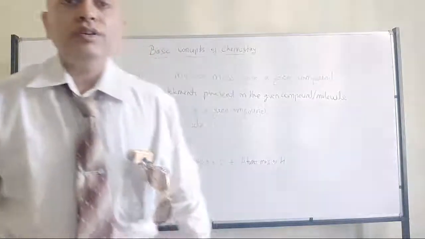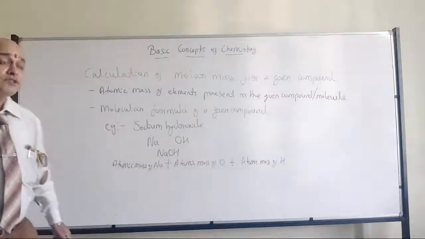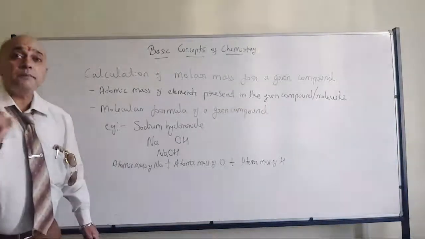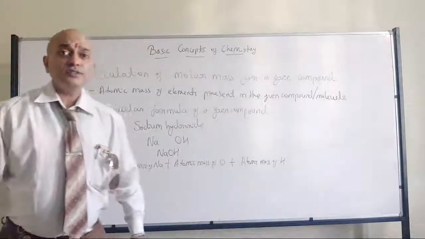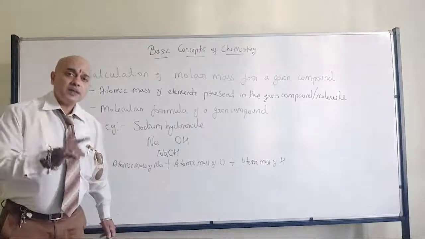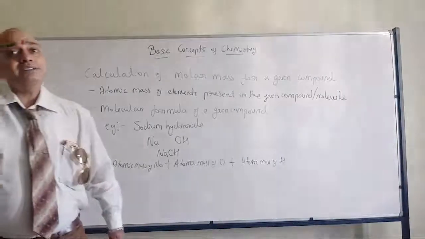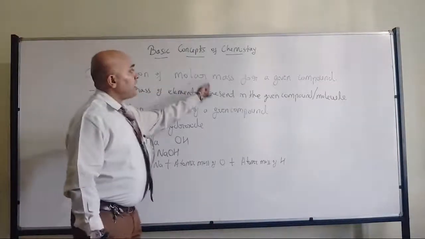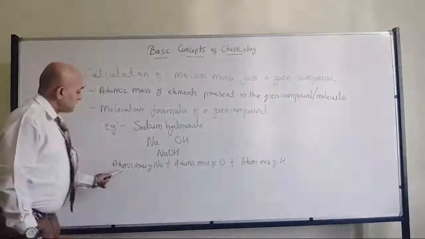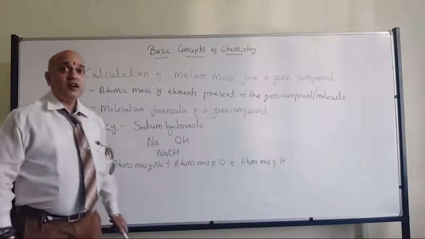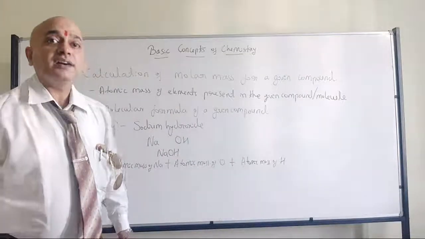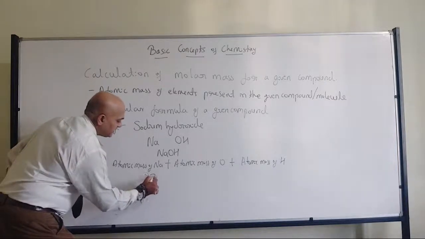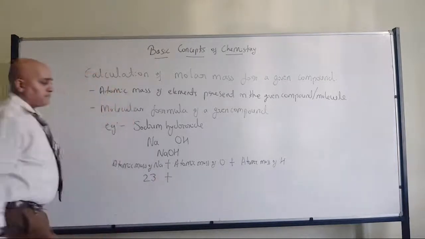Rohan, no. 11 is the atomic number. We should take the atomic mass of sodium, not the atomic number. So don't get confused. Atomic numbers are different. Atomic masses are different. Now I am talking about molar mass. So that means I should take the atomic mass, not the atomic number. Yes, now you are right. So atomic mass of sodium is 23.